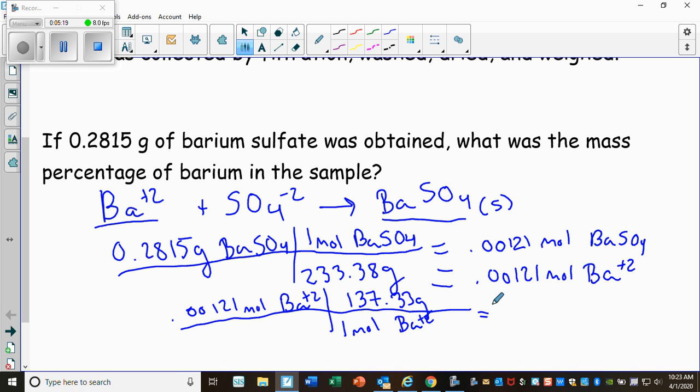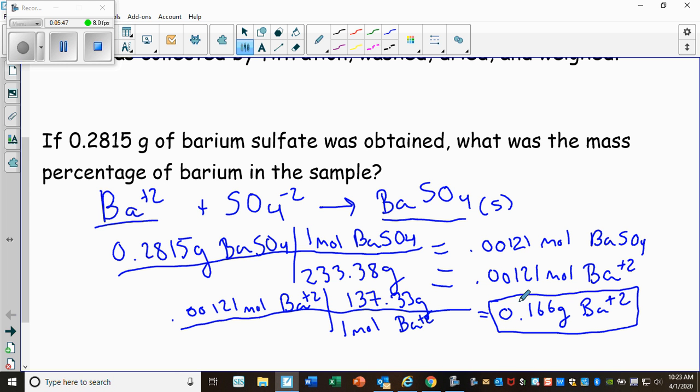So we can do this math real quick. 0.00121 times 137.33, and pretty light. We end up with a pretty small mass here, 0.166 grams, and this is purely barium ion. Just the barium present in that mixture that was there. But we need this information.